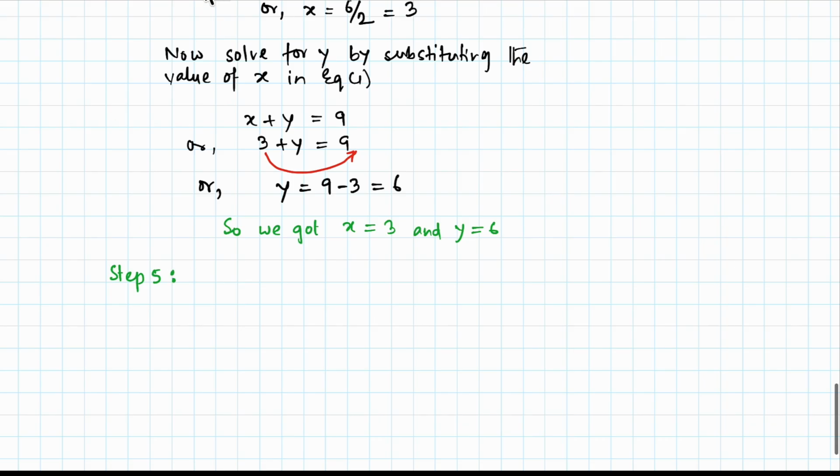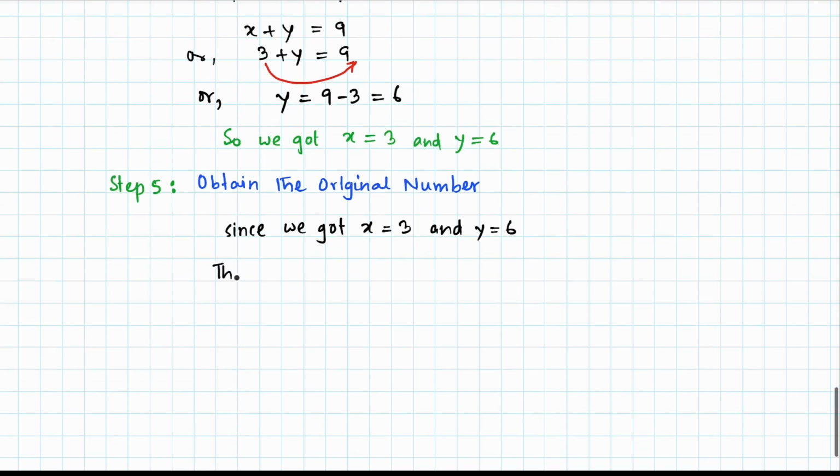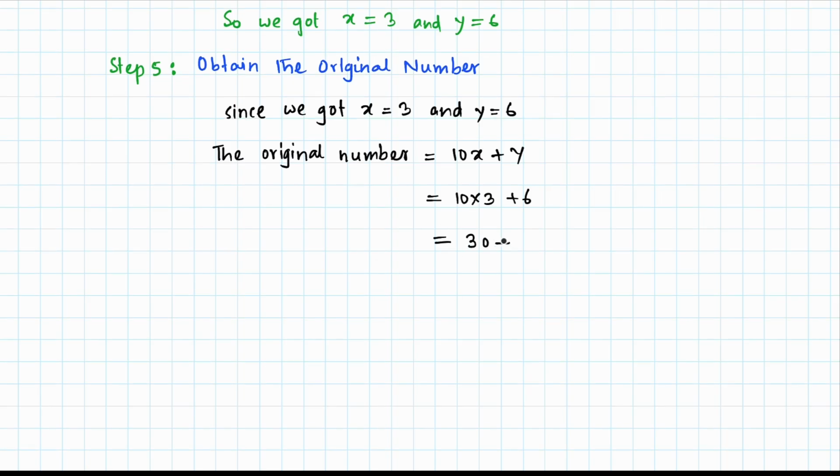So step number 5, obtain the original number. As we have got x and y, since x equal to 3 and y equal to 6, the original number is equal to 10 times x plus y, which is 10 times 3 plus 6, which is 30 plus 6, which is equal to 36. So we got the number. Very simple. So the required number is equal to 36.